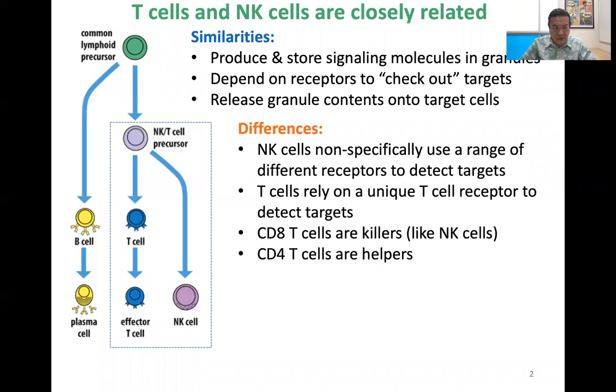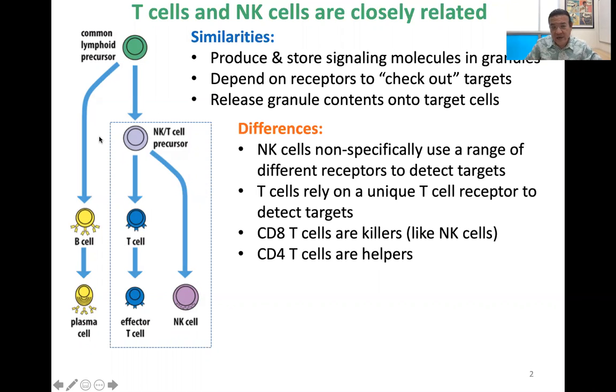So let's back up and remind ourselves that T cells and natural killer cells are closely related. So remember, when we talk about the cartoon that depicts how hematopoietic stem cells in our bone marrow give rise to lymphocytes among the different types of other blood cells that are produced in our bone marrow, we said that we would have a common lymphoid precursor cell that would give rise to things like B cells and to this sort of light purple natural killer slash T cell precursor cell.